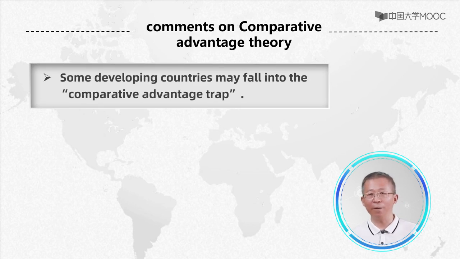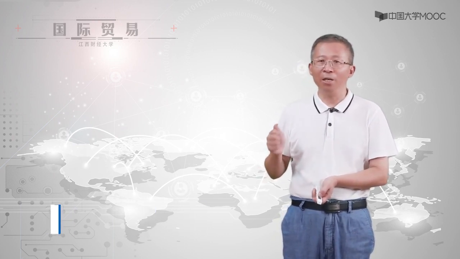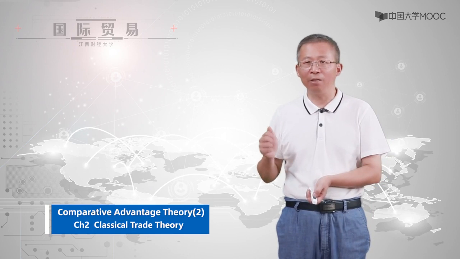Second, some developing countries may fall into the competitive advantage trap, because developing countries usually have current competitive advantages in producing primary products, minerals, agriculture, and labor-intensive products. If they completely follow their competitive advantage, their trade structure will always be low.